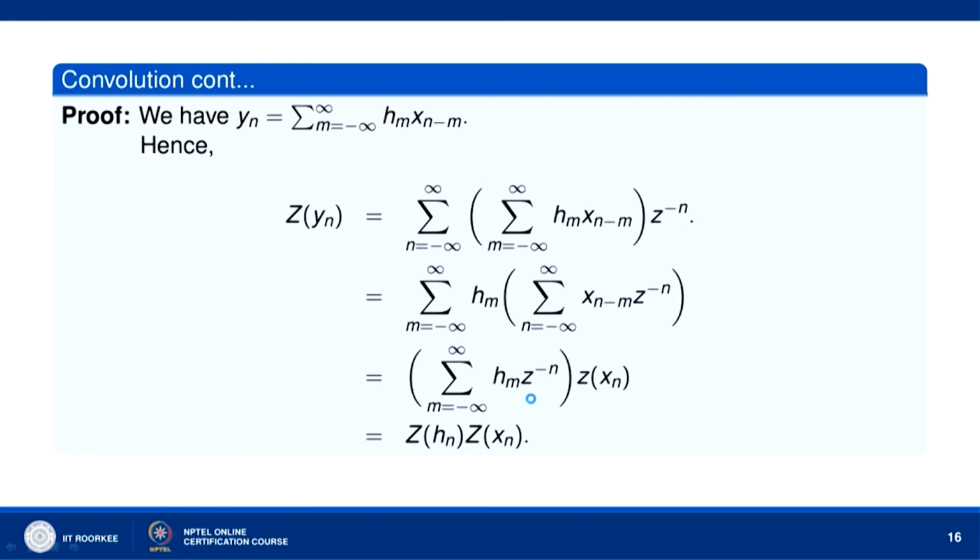So, we have y[n] equal to the sum over m from minus infinity to infinity of h[m] x[n minus m].